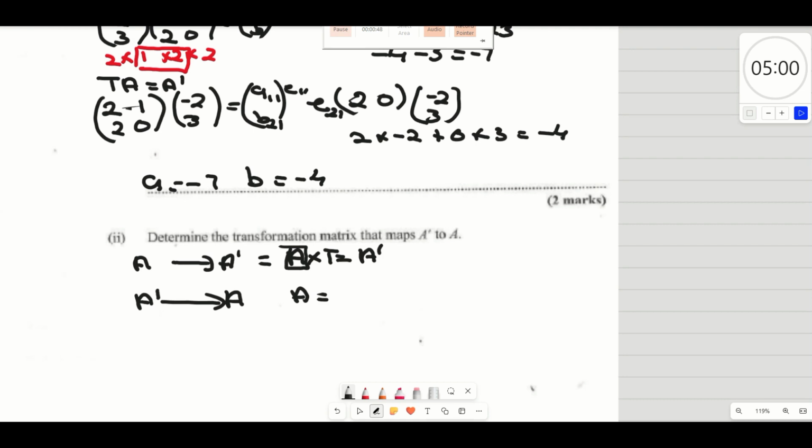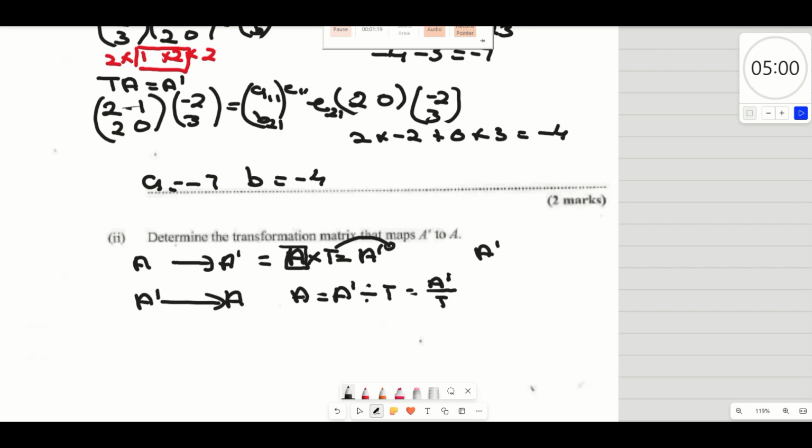A would be equal to image A, and when you carry T across the equal sign, it turns to divide by T. But because we are dealing with matrices, there's no such thing as divide by matrices. So we have to figure out a way to make this in such a way that we can solve it using matrices.